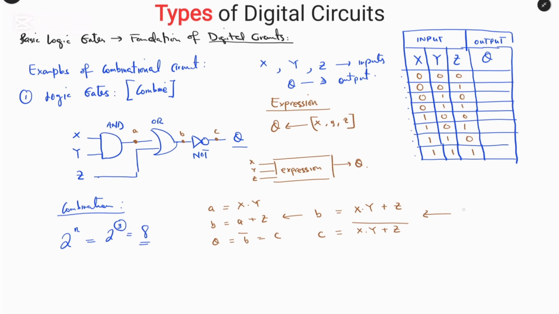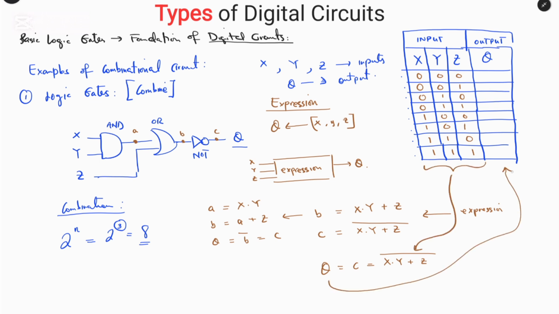So this is our expression of the circuit, where Q is equivalent to C, which is equivalent to X dot Y plus Z, inverted. By substituting these values into this equation, we can use the output to fill in this table.